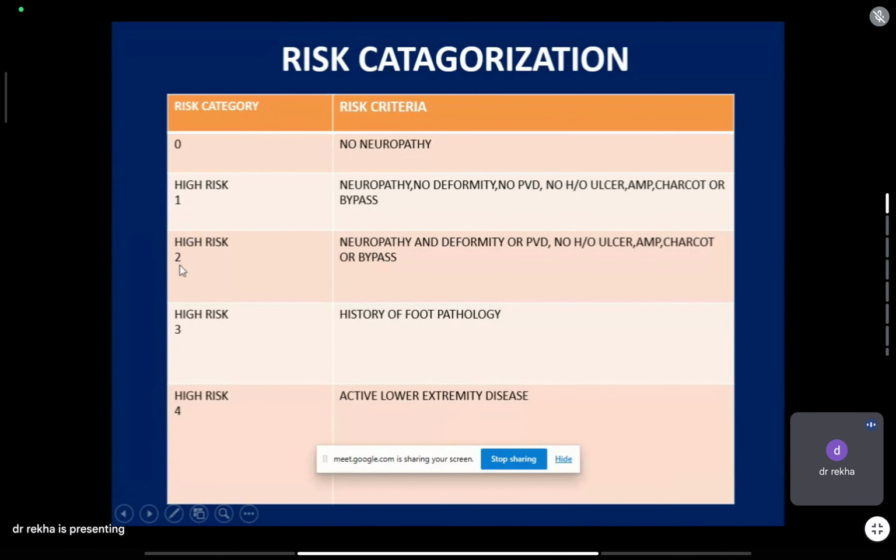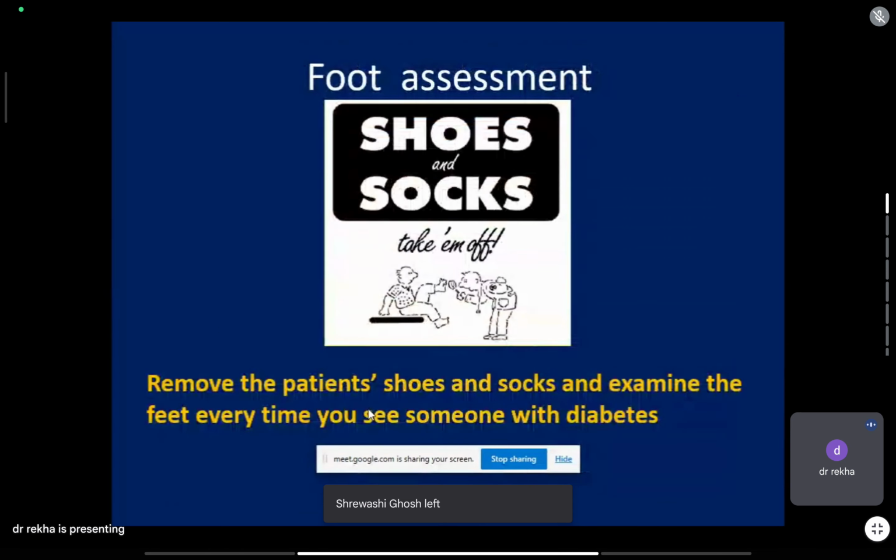High risk category 2 is if there is neuropathy and deformity or peripheral vascular disease but no history of ulceration, amputation or Charcot foot. Come to high risk category 3, there is a history of foot pathology previously, and in category 4, there is active lower extremity disease. So these are the risk categorizations.